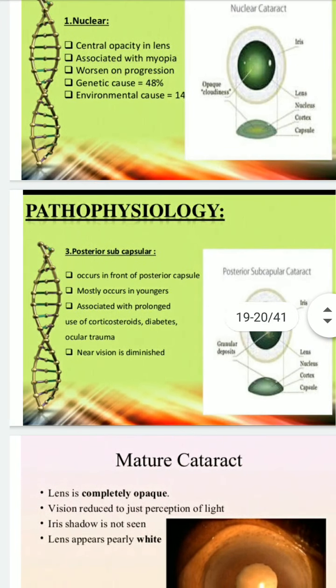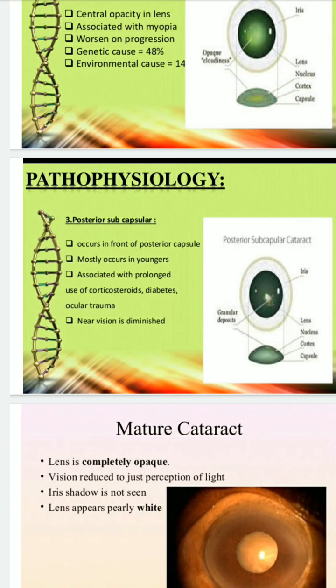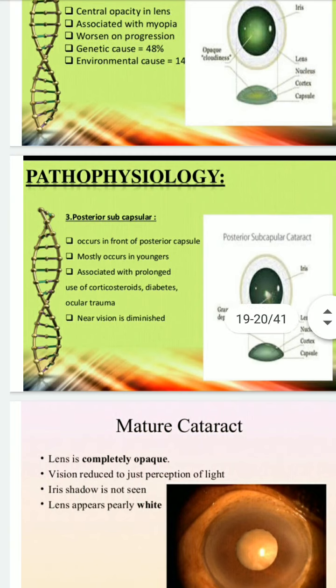Depending on the maturity, the cataract is divided into immature and mature. In a mature cataract, the lens is completely opaque and the vision is reduced to just perception of light. In a mature cataract, the lens appears pearly white.